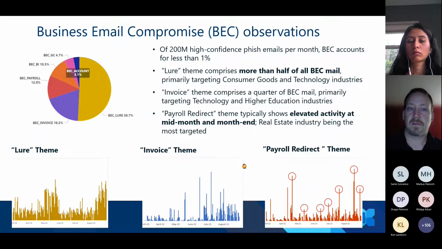Like I said, with Lure in particular, we've also been able to identify that these things come and go. You'll see ebbs and flows in the traffic of all of these different themes on a day-to-day basis. You'll see dips on weekends that align more closely with when people are actually checking their email and the way that sending patterns normally emerge in general, which is always fascinating to see.